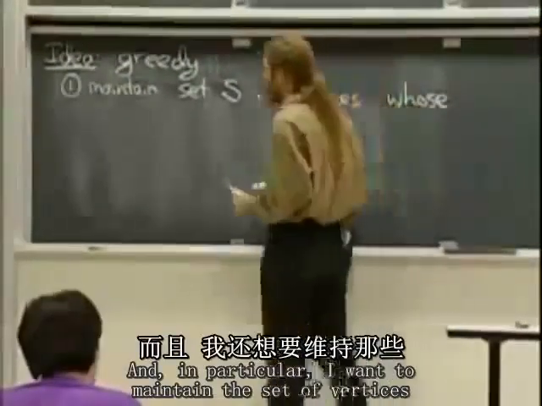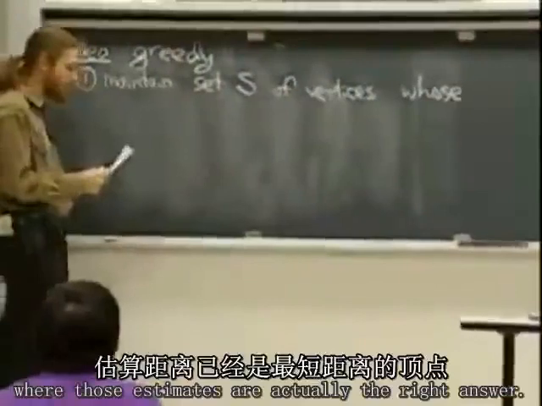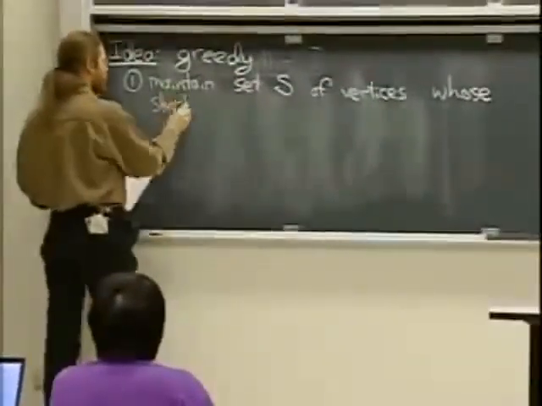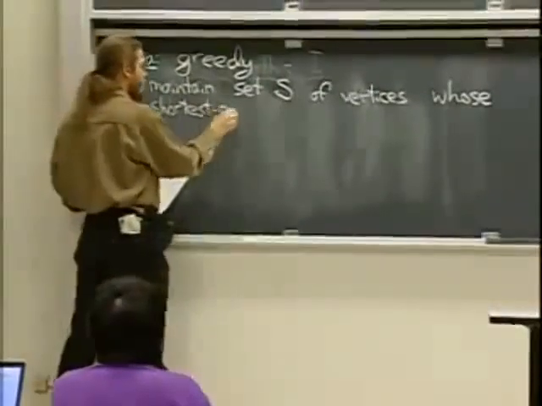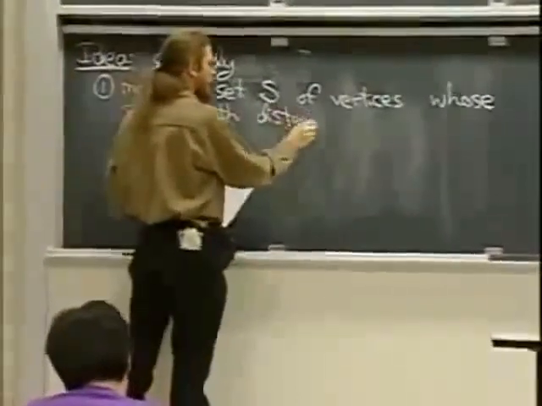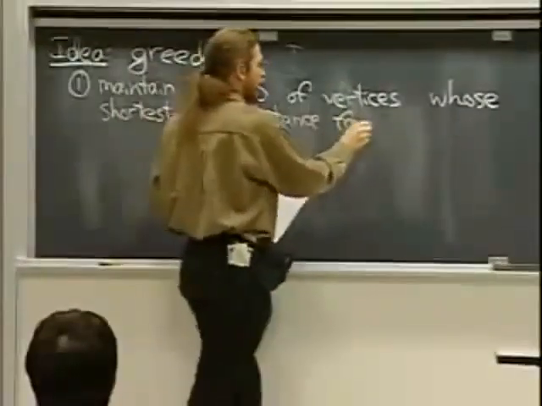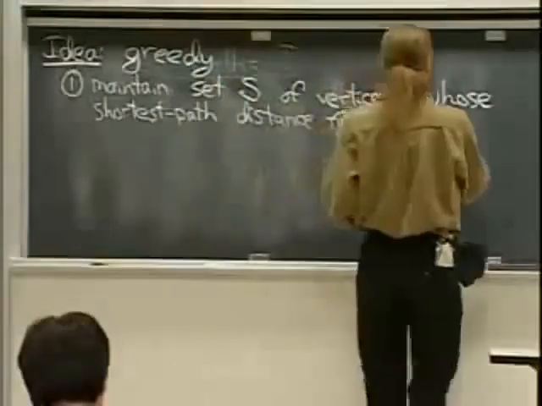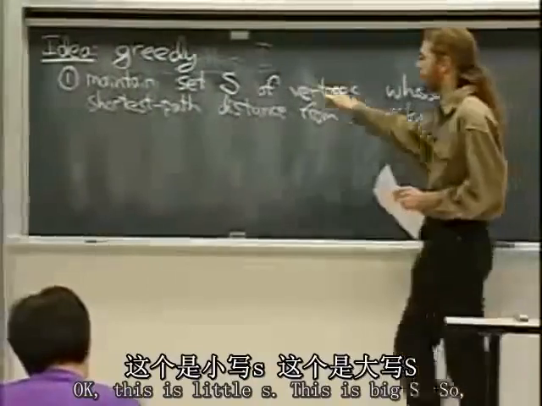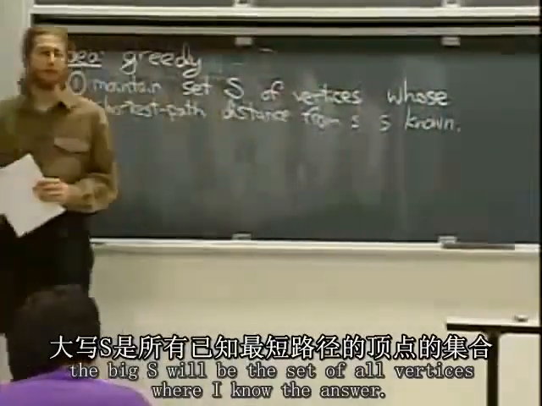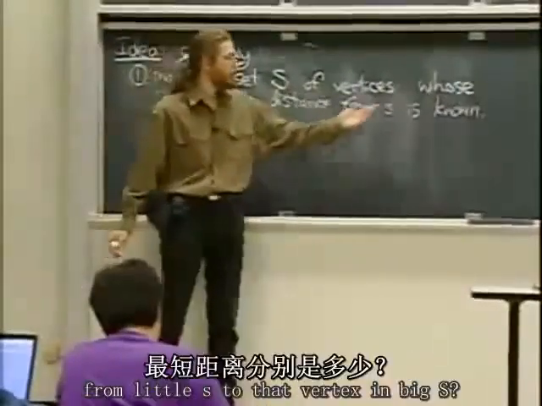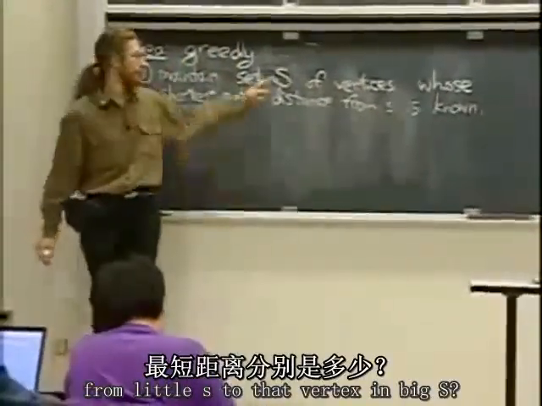In particular, I want to maintain the set of vertices where those estimates are actually the right answer. This is little s, this is big S. So big S will be the set of all the vertices where I know the answer: what is the shortest path distance from little s to that vertex in big S?